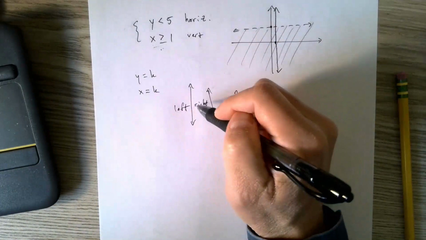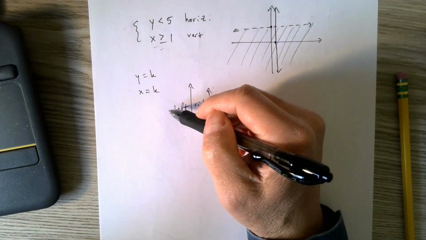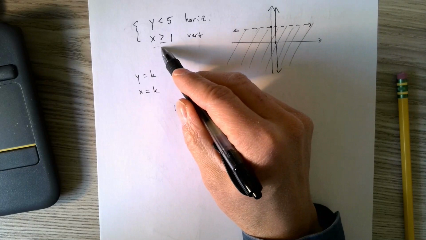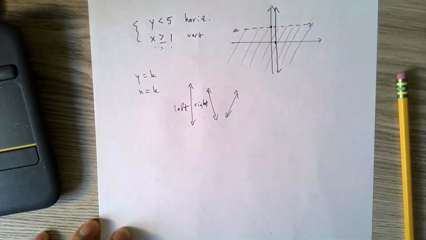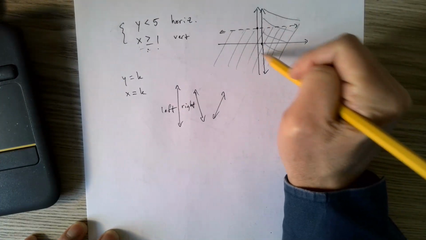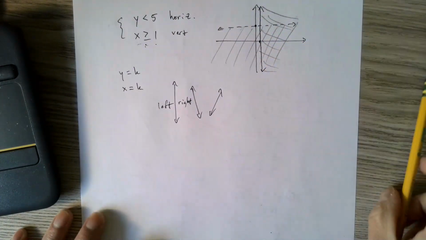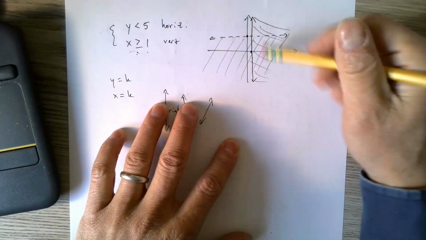Greater than means to the right. Less than means to the left. So in this case, I'm going to shade to the right of 1. So that's here. So in the end, this region will remain shaded.